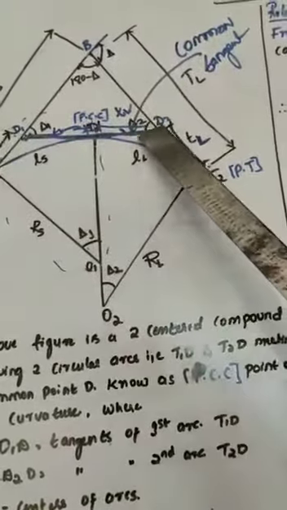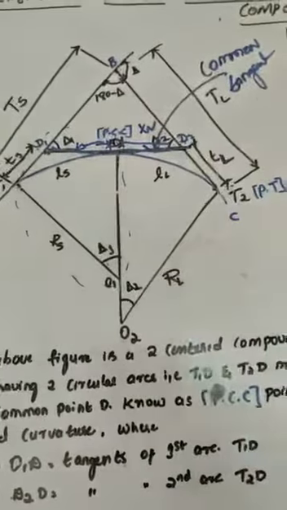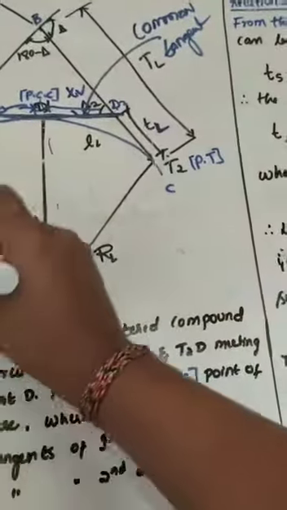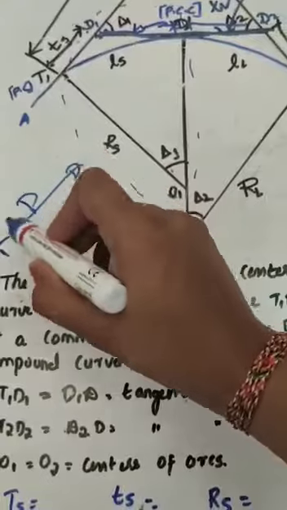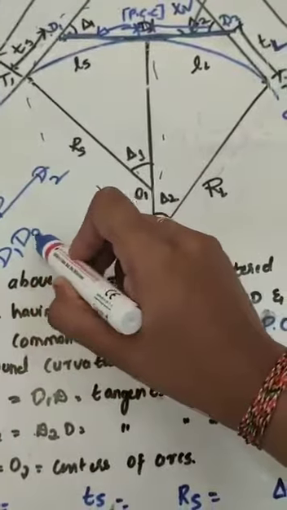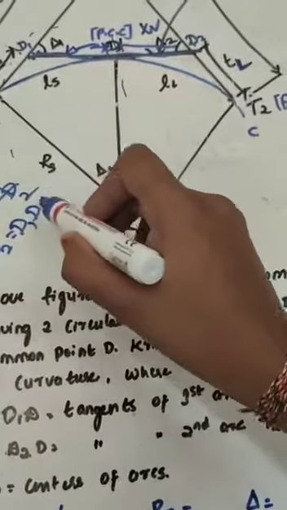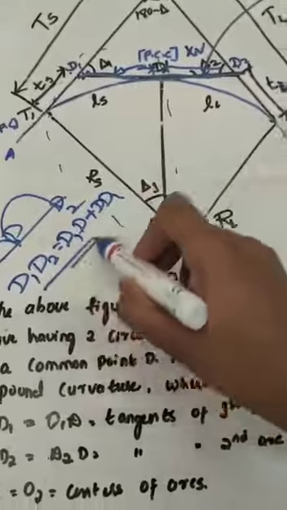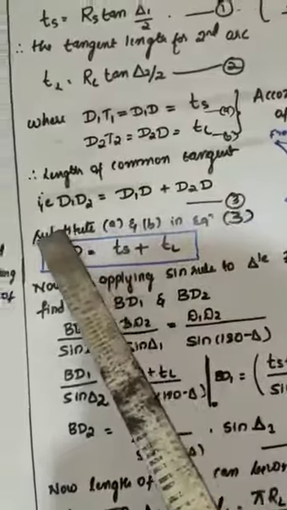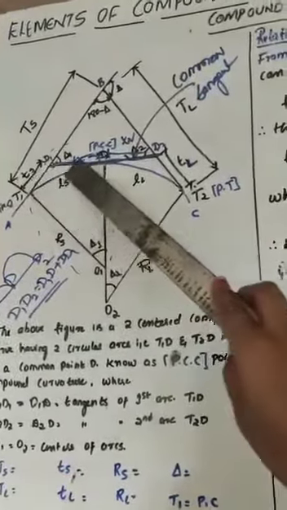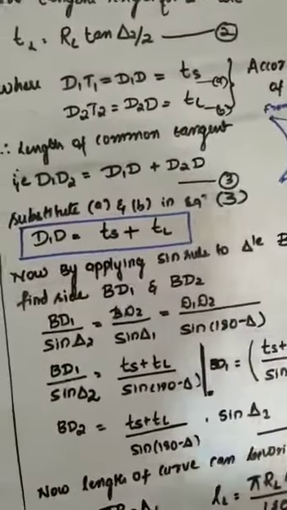So the length of this common tangent D1 D2 can be written using geometry. See, what is D1 D2? For example, here it is D1, here it is D2, and in between here D. So D1 D2 is equal to D1 D plus D2 D. Let us take this as equation 3.